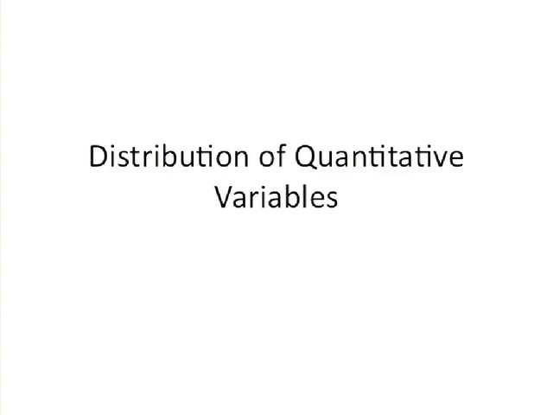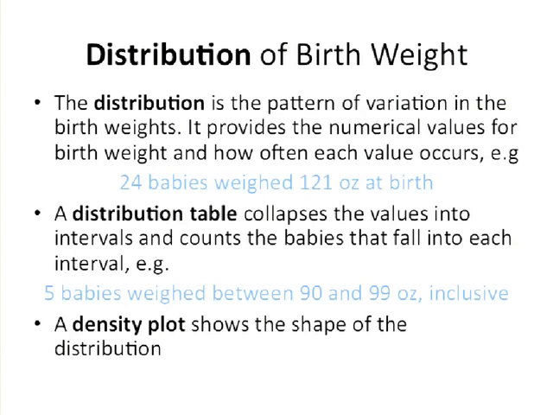So birth weight is the variable that was measured on our infants that were born in Oakland Kaiser Hospital in the 1960s. And remember, these are all male births. And we started looking at the distribution of the birth weights.